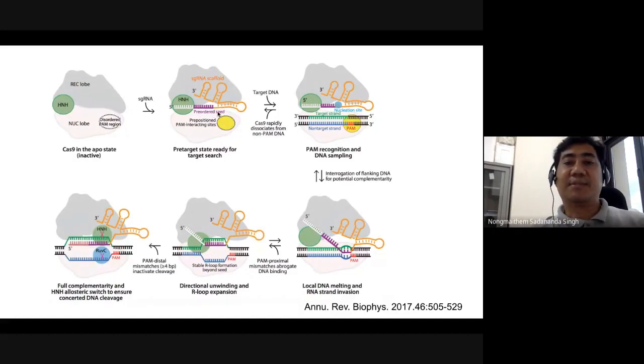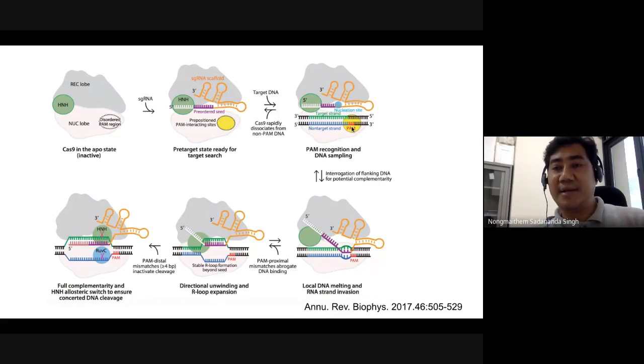So this complex goes and binds to DNA and searches along the DNA to find the target. The pre-positioned PAM interacting site, when it scans through, recognizes a very small sequence. For example, in the case of Streptococcus pyogenes, the PAM sequence is NGG, where N is any nucleotide.